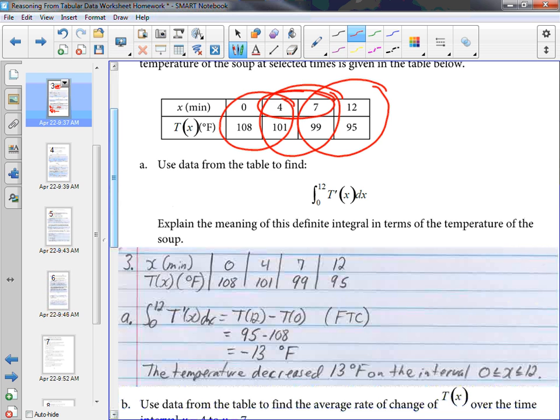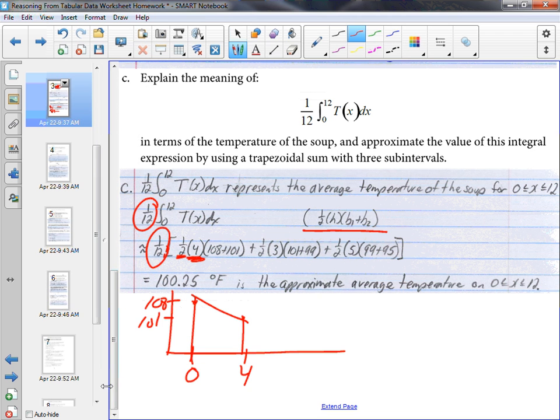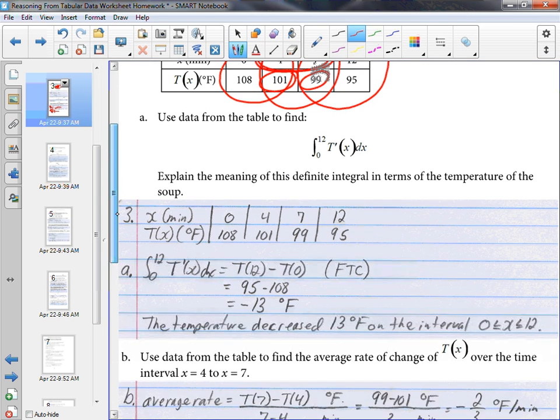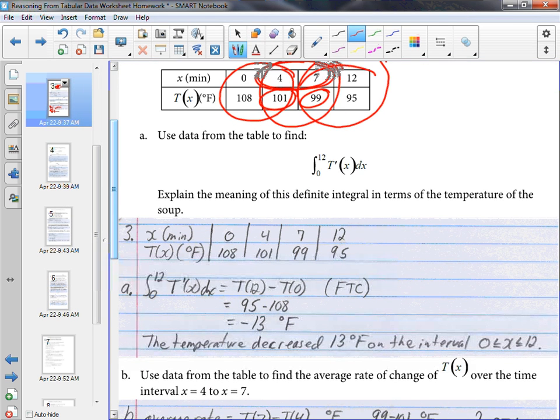So it's going to be from 4 to 7. That's going to be one base. That's going to be the other base. So if it's from 4 to 7, its height is 3. So 1/2 times the height of 3, one base. What's the other base? And then the last one goes from 7 to 12, so the height is 5 this time.